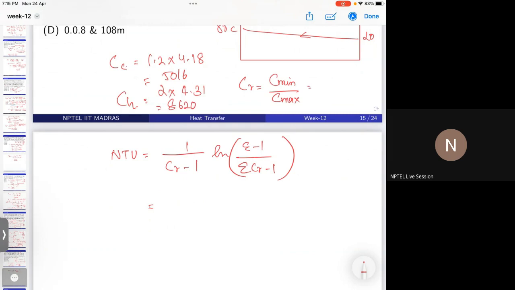So C min by C max, that is C_R, is around 0.588. If you substitute here.